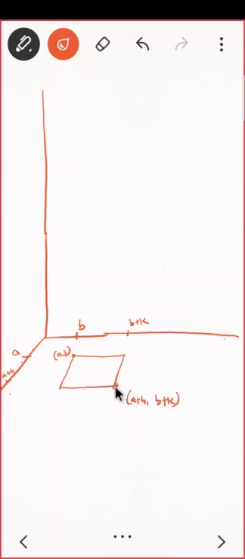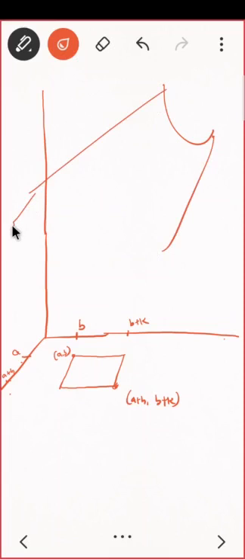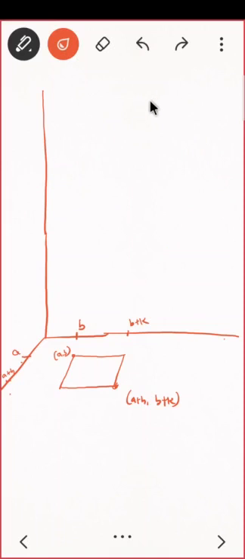Now what do I have to see? I have to see the image of this on the function. Suppose my curve is this. You can take any function. Say this is my function. I just want to calculate the values.